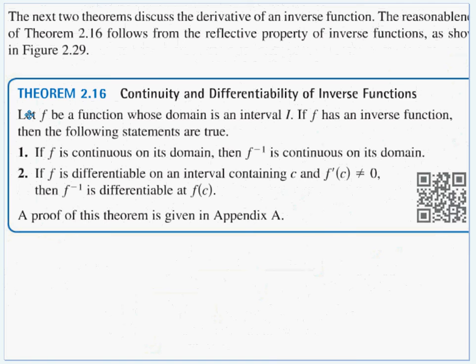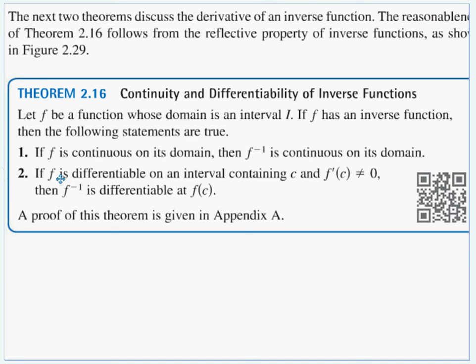So here in Theorem 216, they're talking about continuity and differentiability of these inverse functions. The setup is, let f be a function whose domain is an interval I. If f does have an inverse function, then these statements will be true. If f is continuous on the domain, then the inverse will also be continuous.